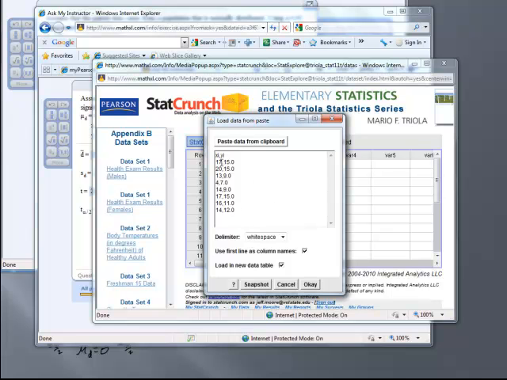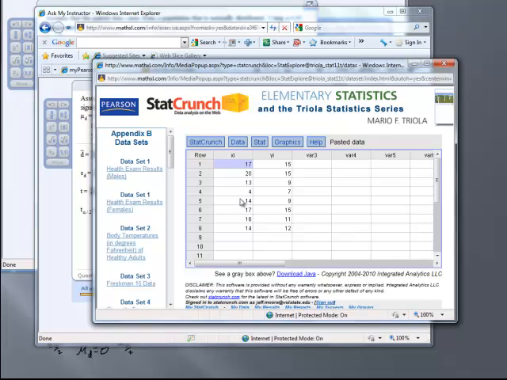Realize that these pairs are separated by commas, so I'll have to select comma in the delimiter. I'll also notice that the first line represents the name of the data here, so use first line as column names, leave that checked, and hit OK. Now that enters the data into these two columns in StatCrunch.